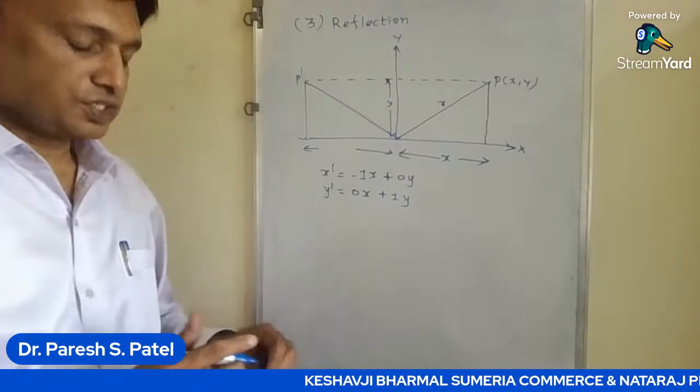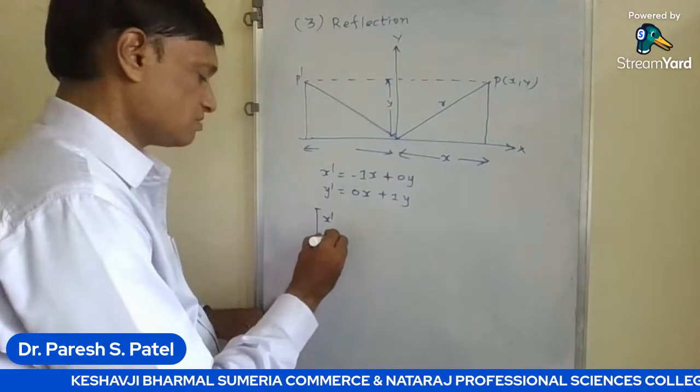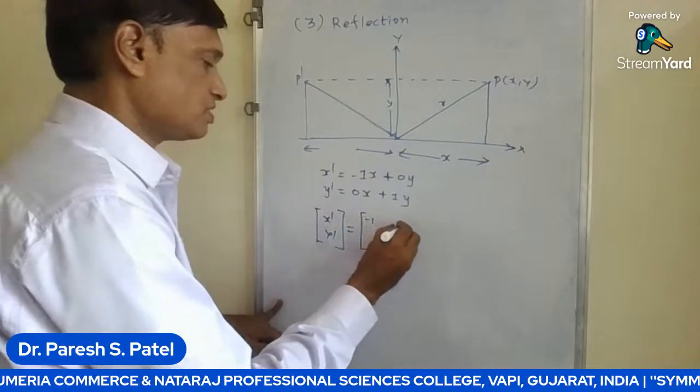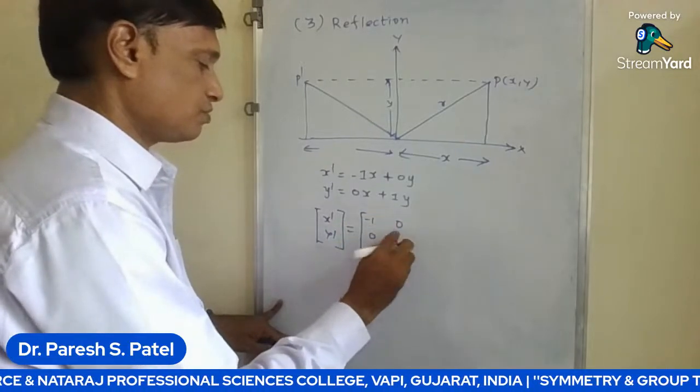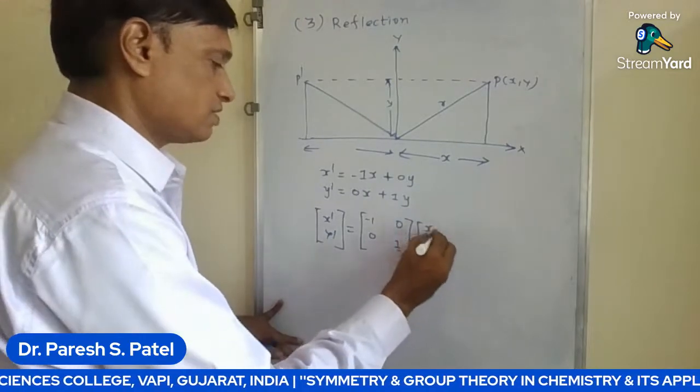Now, these two equations can be represented in the form of a matrix as x dash, y dash equal to minus 1, 0, 0, 1 into x and y.